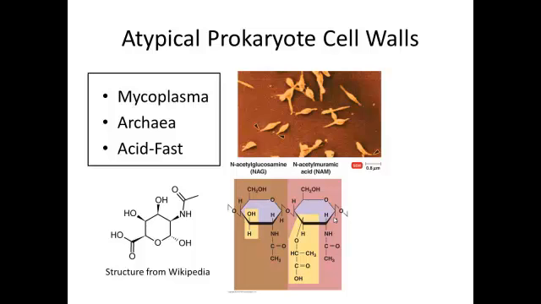This mycolic acid performs approximately the same function as a capsule. It prevents phagocytosis. It also means that acid-fast bacteria are difficult to stain. That waxy coat does not have a real strong negative charge, therefore your basic stains don't want to stick to it. So we have a different staining protocol for staining acid-fast bacteria.